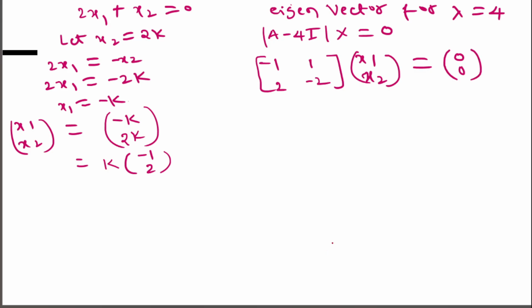Here we have to equate this equation first. Minus 1 into x1 that is minus x1, 1 into x2 that is x2, equal to 0. And the second equation will again be the same, that is 2 into x1 plus minus 2 into x2, that is minus 2x2.